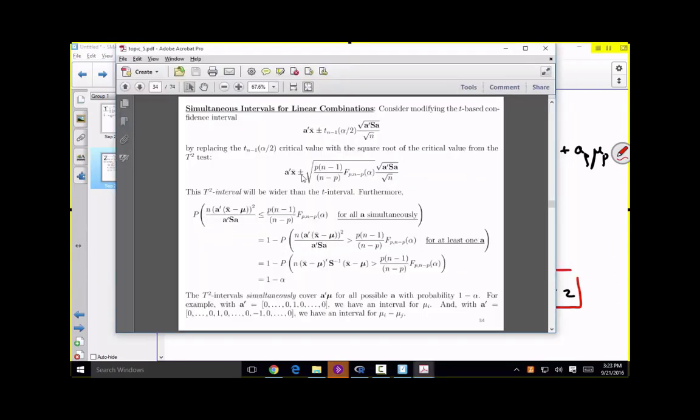The way that we get it is for any linear combination, A transpose mu, we're going to estimate that as A transpose x bar. So here's my estimate of whatever the linear combination of means was. And then I want to do plus or minus a t squared, like critical value, times this thing. Where does this come from?